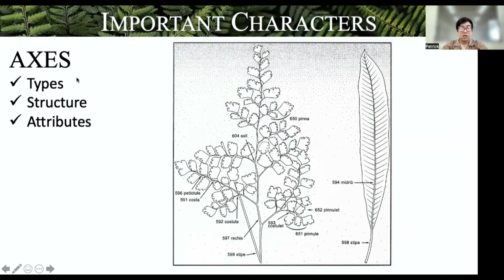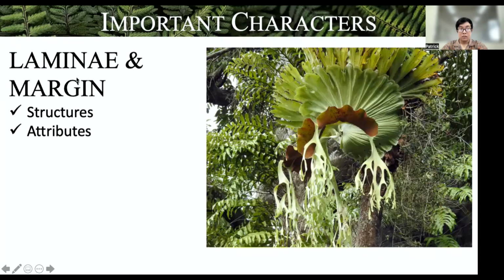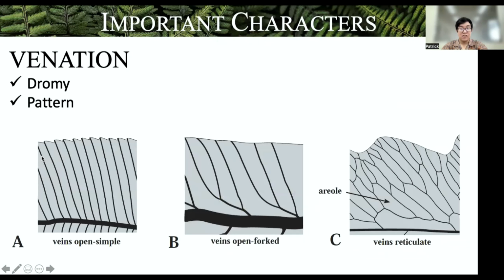So we must also take note of that. And also the lamina and the margin, the structures and attributes. So when we say lamina, it is the expanded part or blade of the leaves. And the venation that includes the dromy and the pattern, such as the veins, which are open simple, open forked, and veins reticulate.